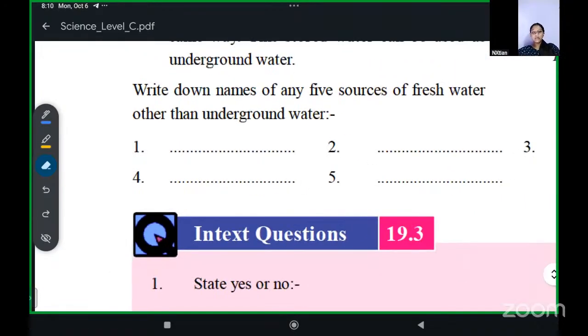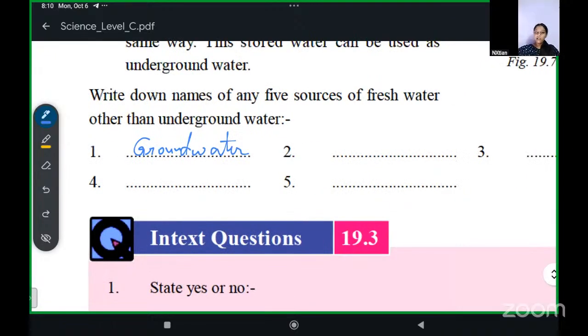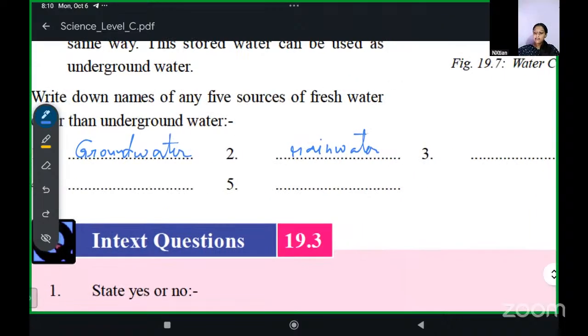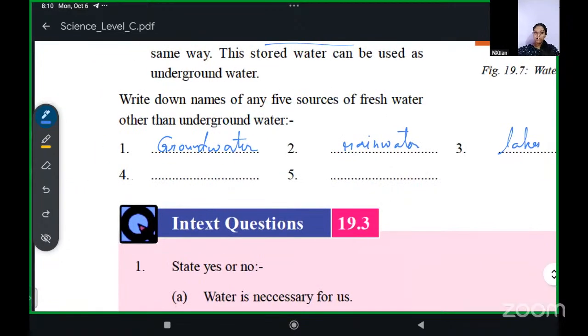One is groundwater. Rainwater, lakes, streams, and rivers.